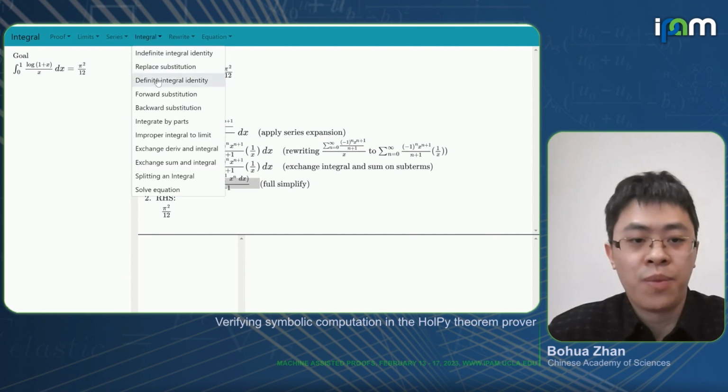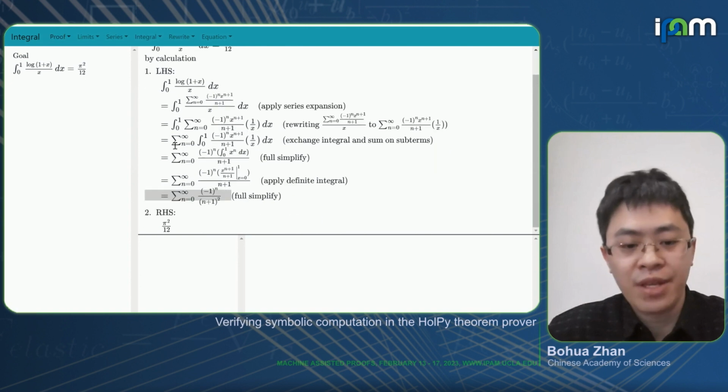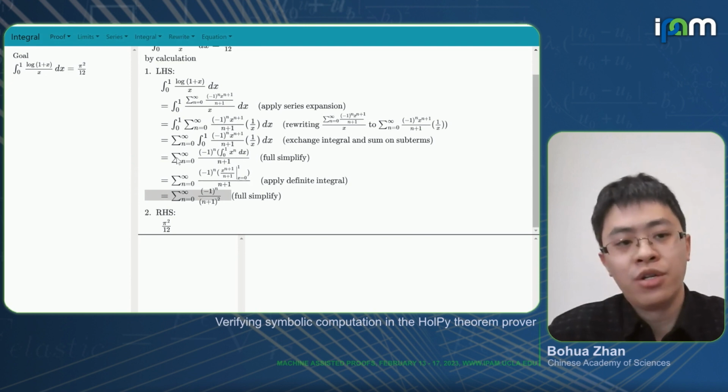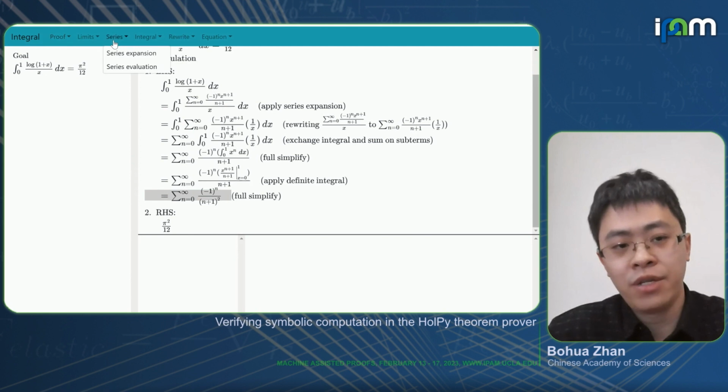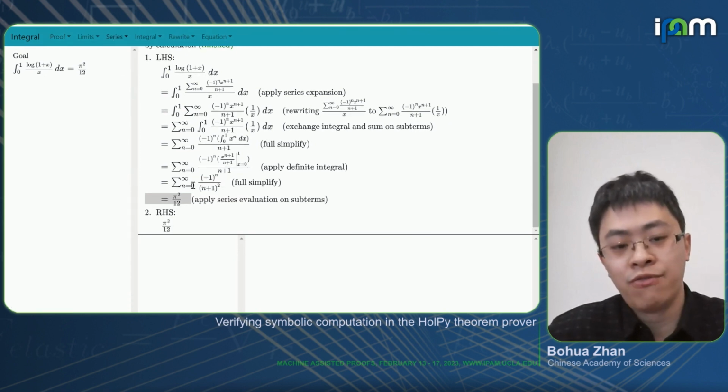And so we apply definite integral identity and simplify again. And finally, we obtain a series that we see is already included in previous theory. So we can just directly use series evaluation, and it is able to find the series evaluation that is available and give us the final answer.